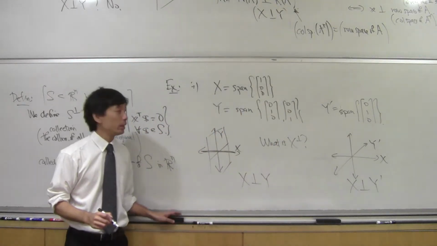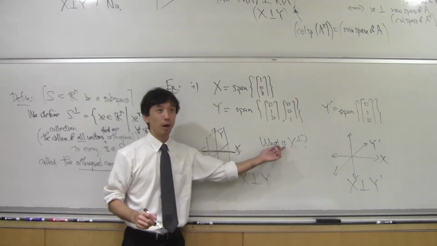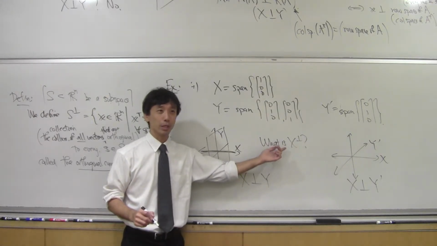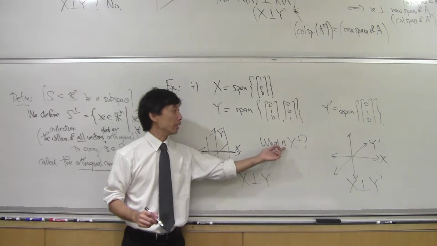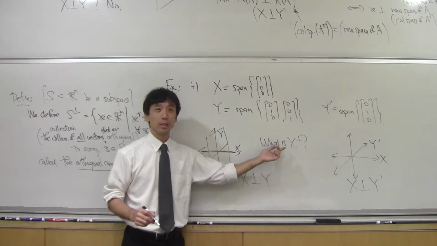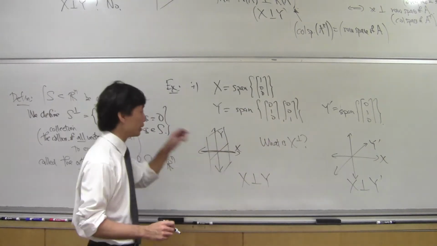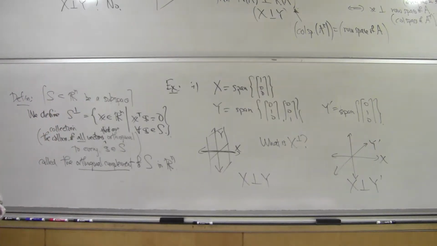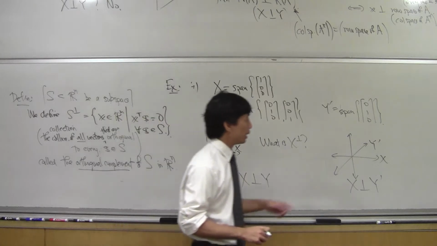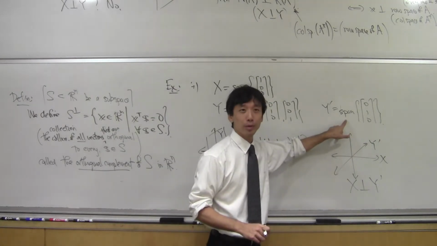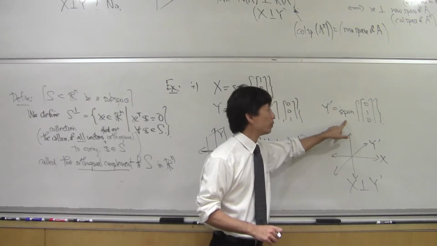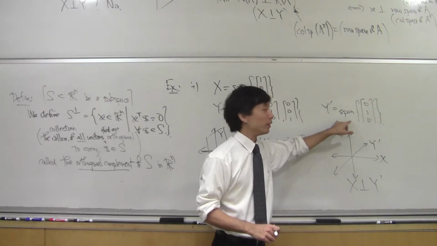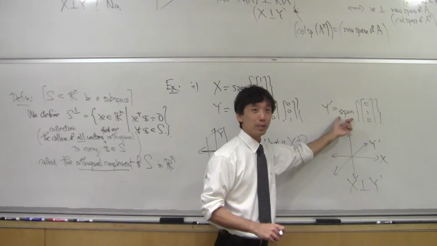Well, x perp is going to be the collection of all vectors that are perpendicular to everybody in X. The collection of all vectors that are perpendicular to every vector in X. Right? So is this x perp? No, right? Because it's part of it. These are some of the vectors that are perpendicular to everybody in X, but that's not all of them.